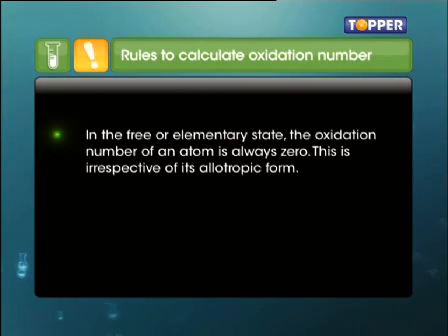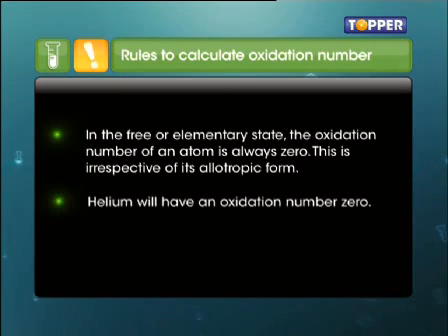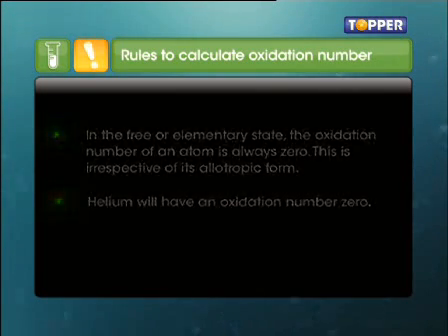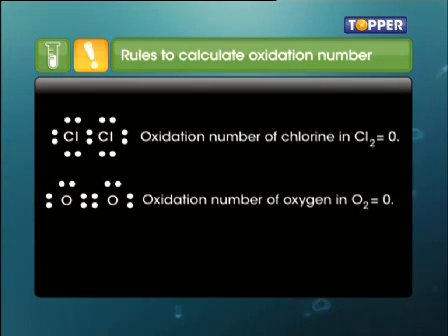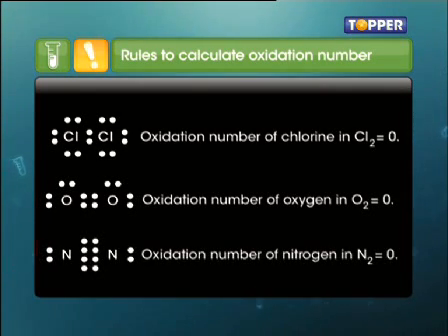This is irrespective of its allotropic form. For example, helium will have an oxidation number 0. The oxidation number of each atom in chlorine, oxygen, and nitrogen molecules is also 0.